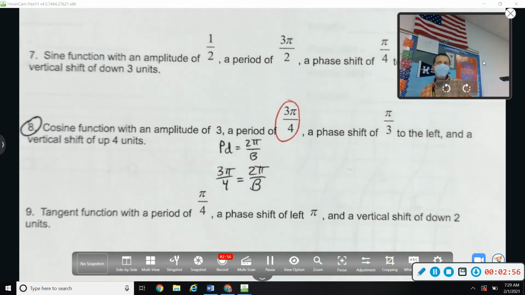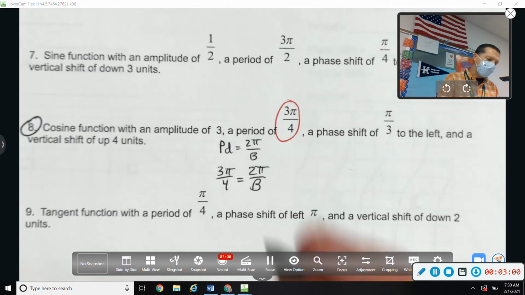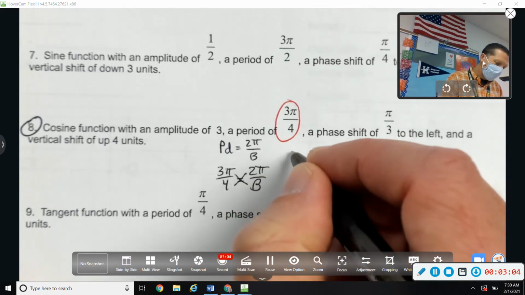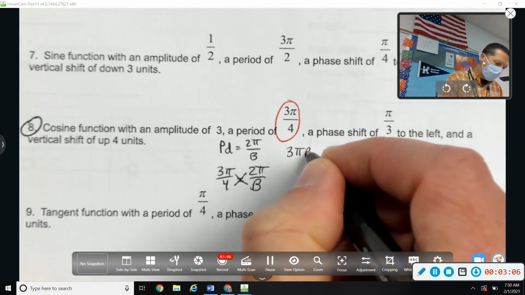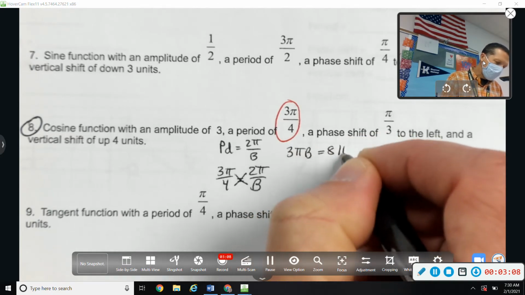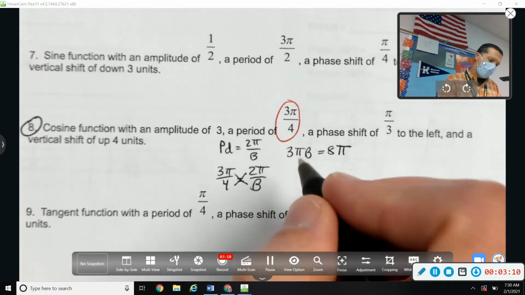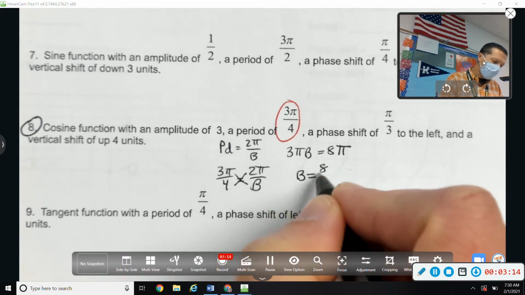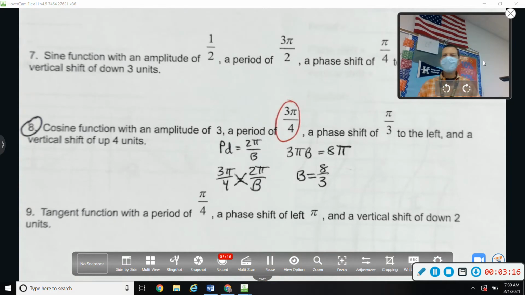Sometimes it's easy enough to figure out what b should be. Other times you just want to cross multiply and let the algebra take care of itself. So 3 pi b equals 8 pi. So b equals 8/3. Yeah, that's kind of a weird one. That's not one you'd want to graph.